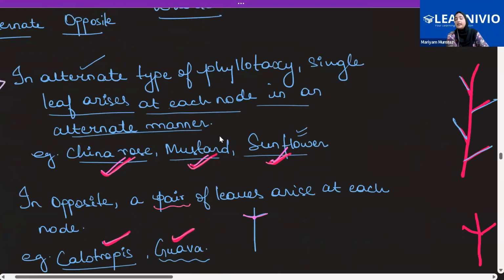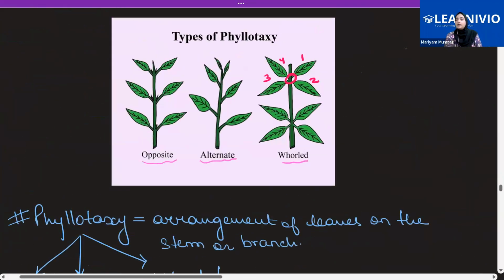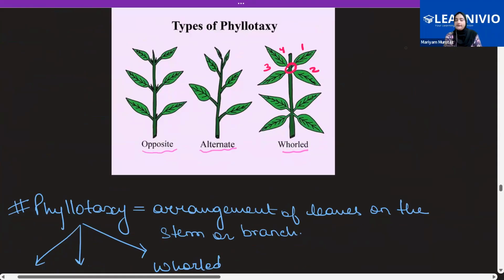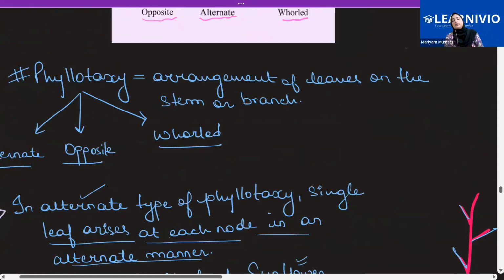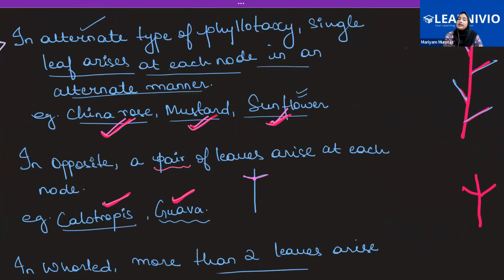When we talk about alternate phyllotaxy, a leaf is present at every node in an alternate manner. One is here, another will be here, like that. The examples are very important: China rose, mustard and sunflower have alternate phyllotaxy.